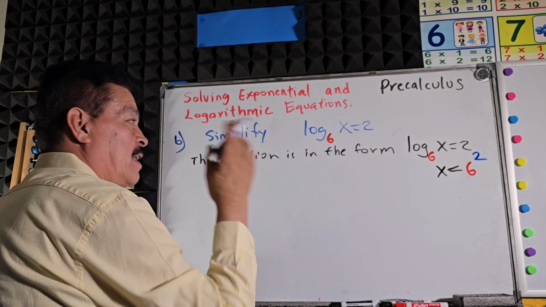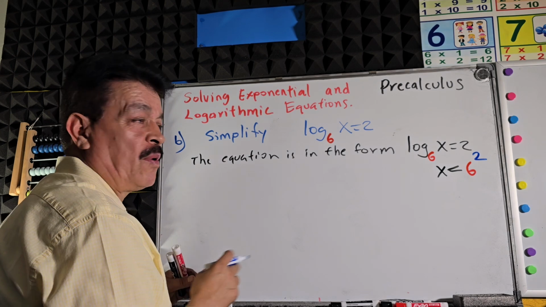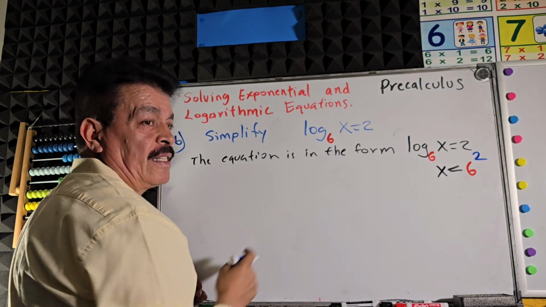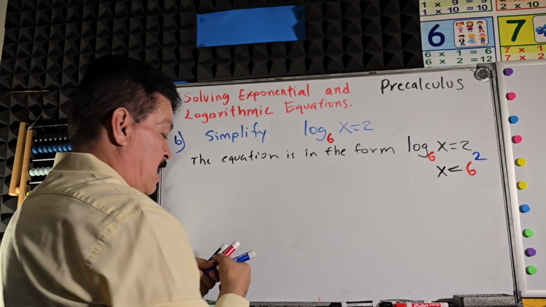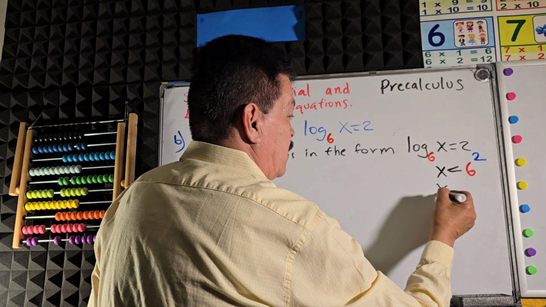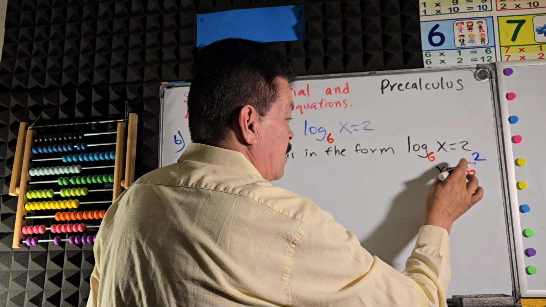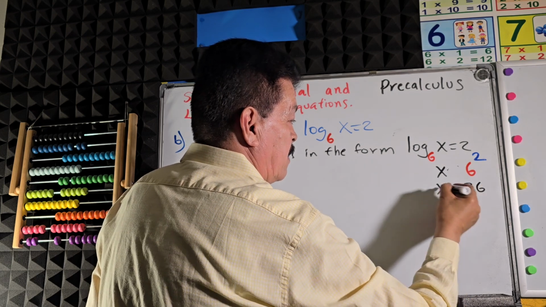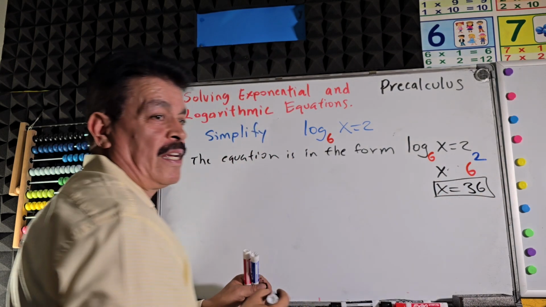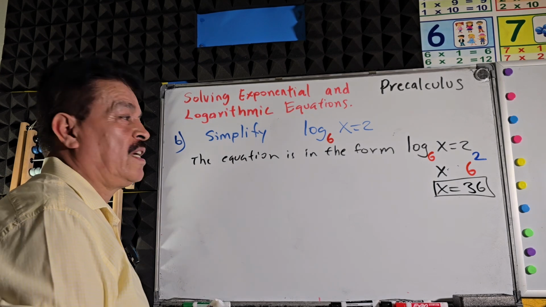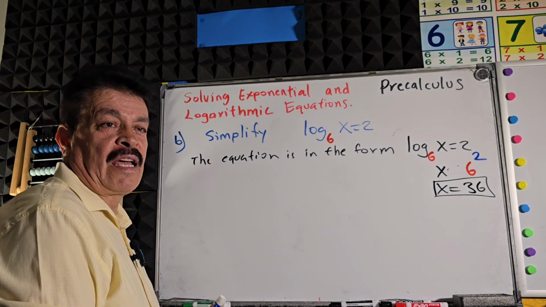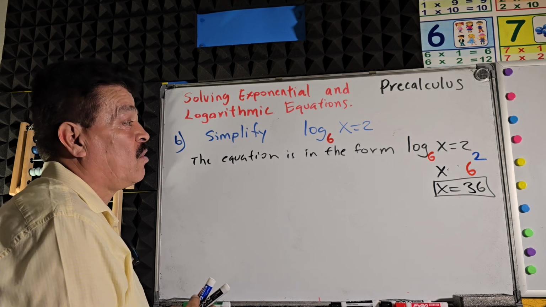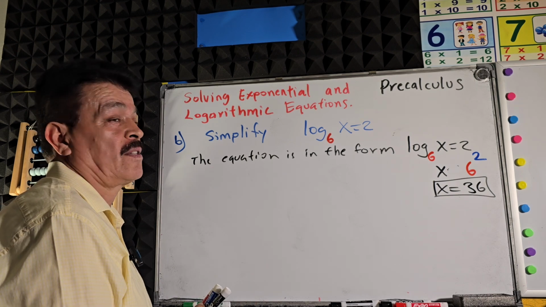Remember, in the other example we had 1, so now it's to the second power. How much is x? So x is equal to 36. The solution is valid because in the original equation, inside x is equal to 36.